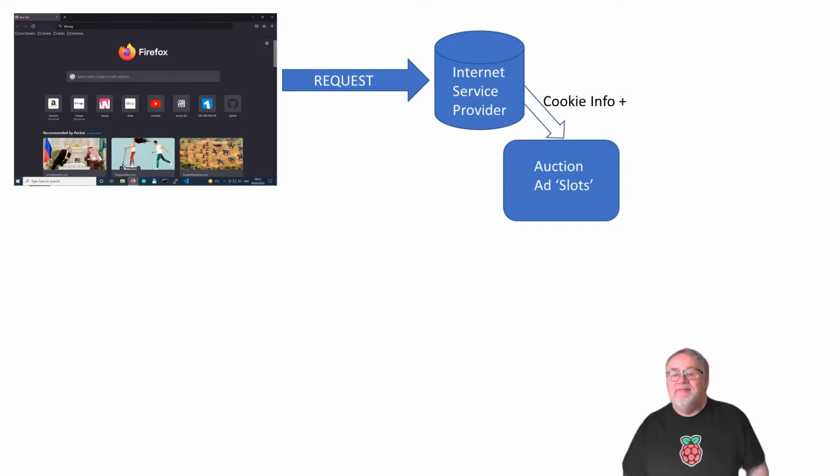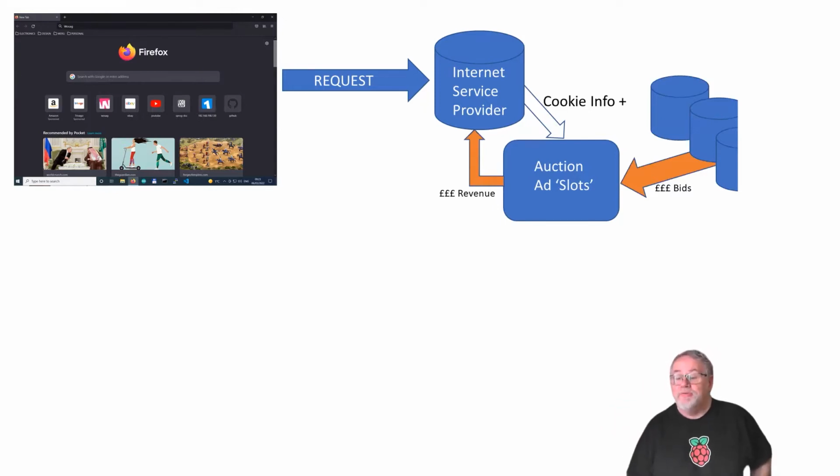And then it adds the information that it knows about you. Because it's your ISP, it knows extra things about you. So it adds that information on, and it'll hold a little auction for those ad slots, saying, does anybody want to sell anything to this person?